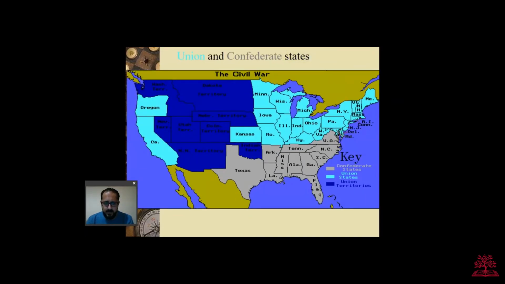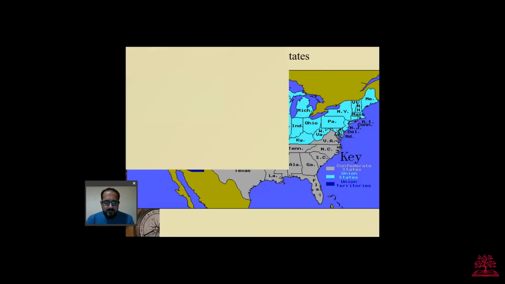The dark blue were Union territories, and the light blue states were the Union states, and then we have the gray color. These were the 11 states of the Confederacy, the CSA, the Confederate States of America.